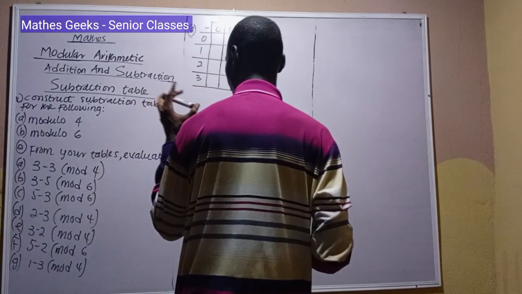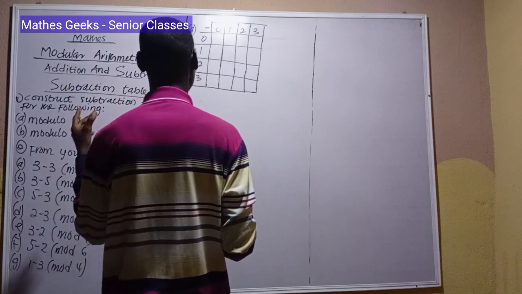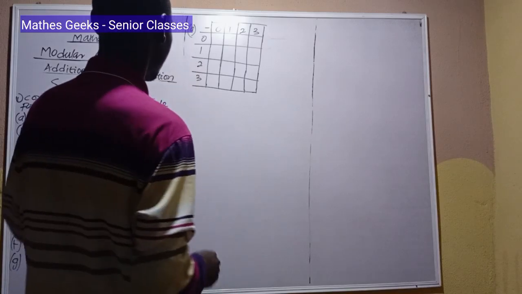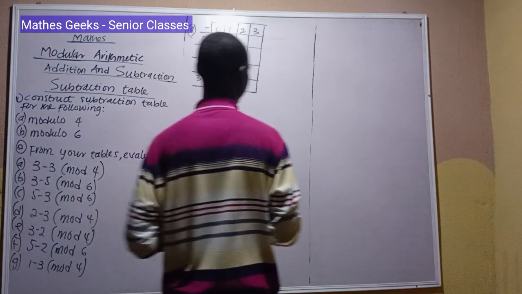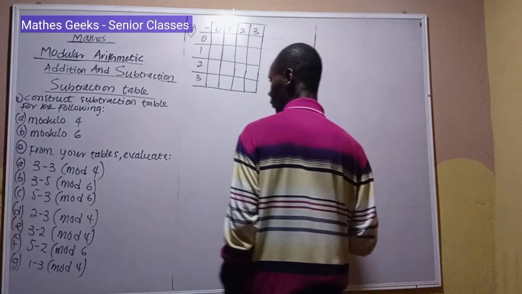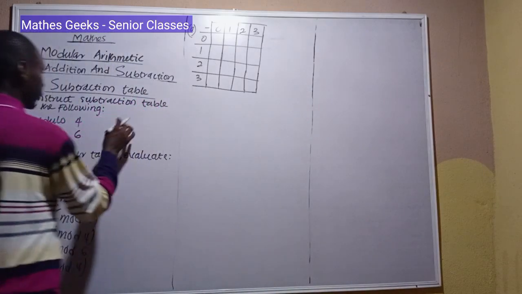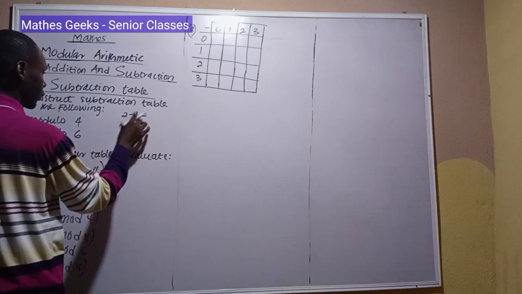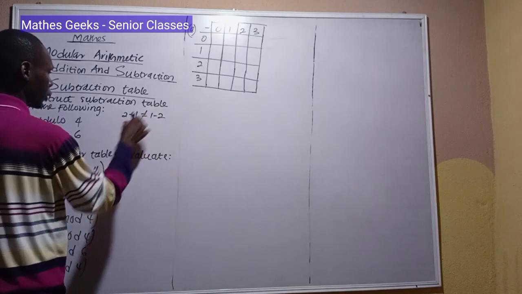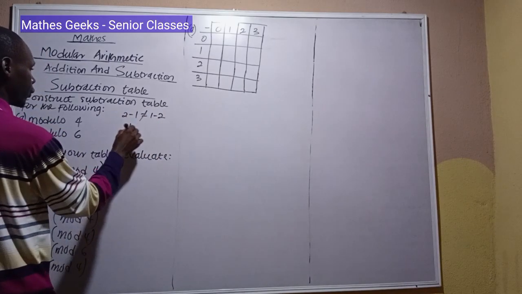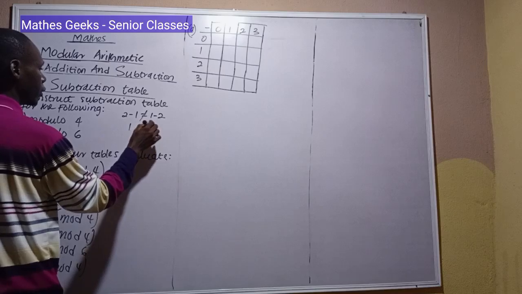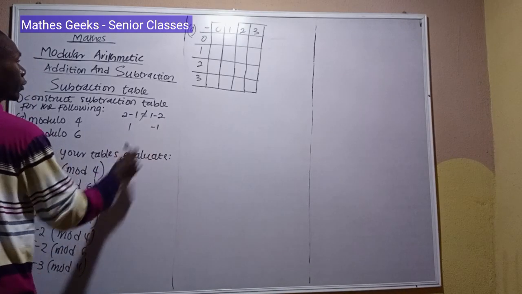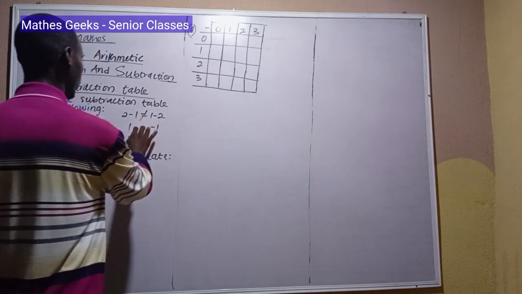Now we can also use another circle, or we can use the other method. I told you earlier that if you have 2 minus 1 and 1 minus 2, they are not equal, because 2 minus 1 is 1, 1 minus 2 is minus 1. Therefore, subtraction is not commutative.